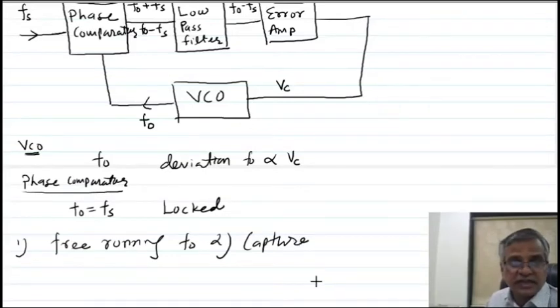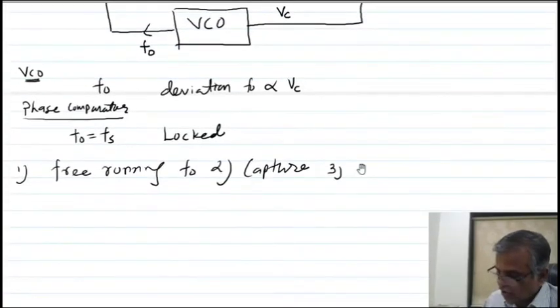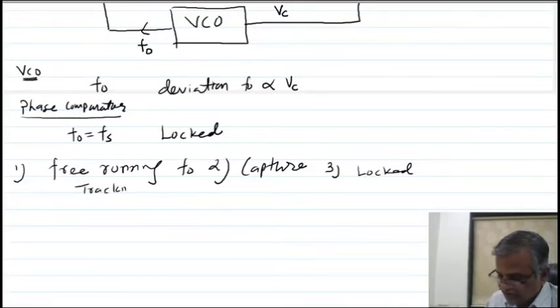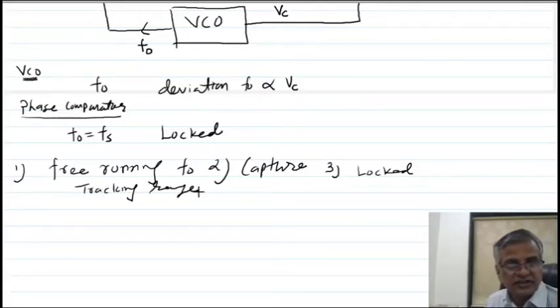When the frequency of the VCO starts to change, it means the input signal is in the capture range. Third, it is locked, or you can say it is in the tracking range. I think you understand this much discussion.